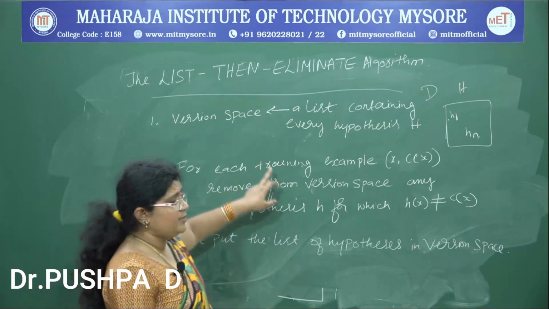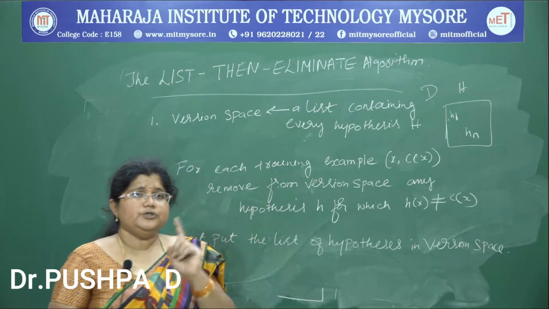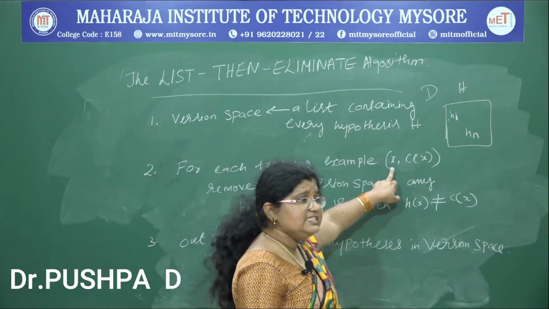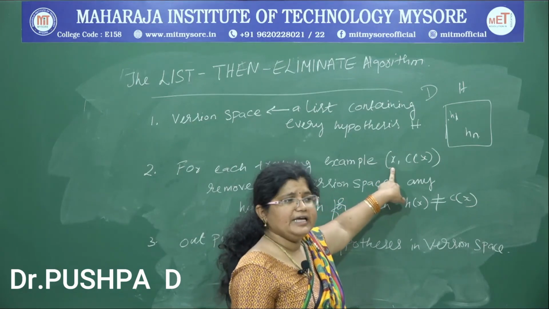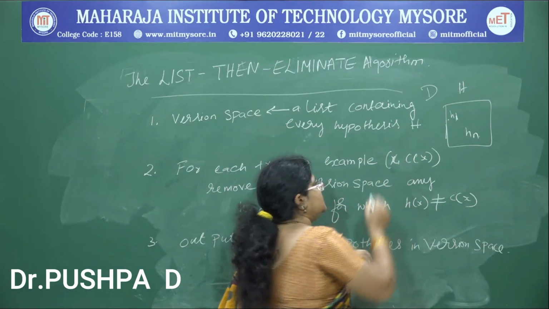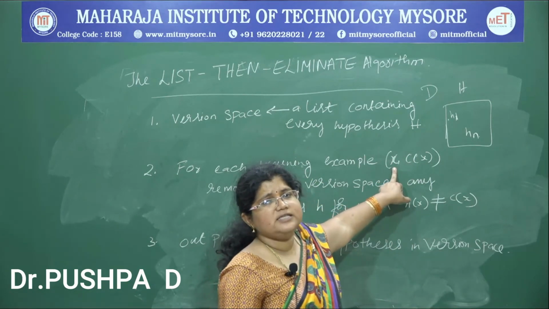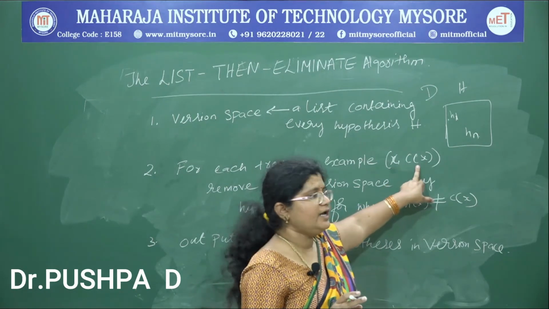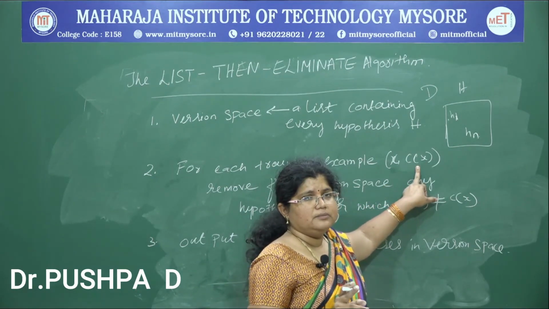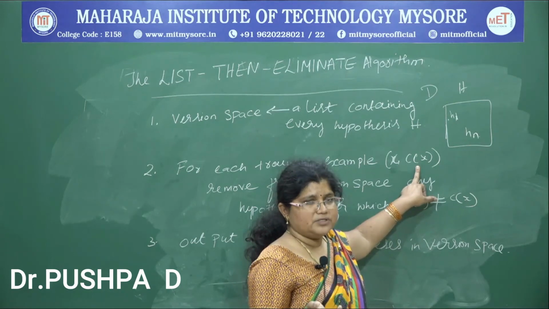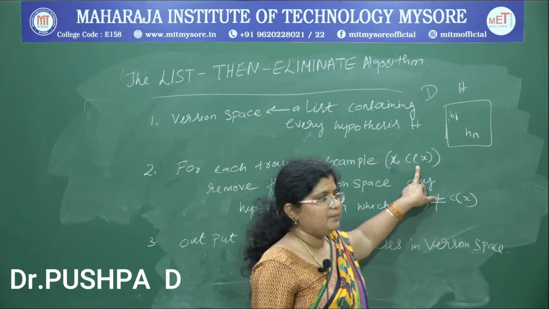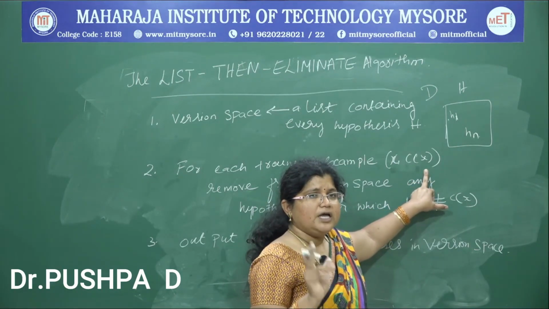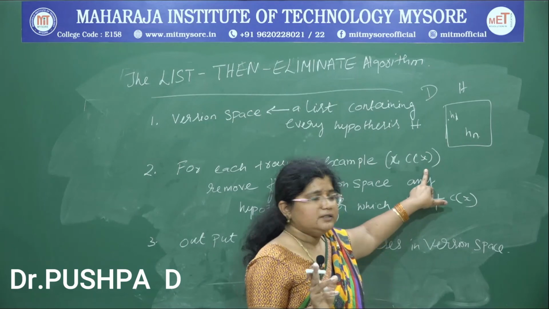Now the next step is to check the target concept for each training example x, where small x indicates instances. Any instance has a target concept, meaning a result, either a positive or a negative training example, that is C of x.